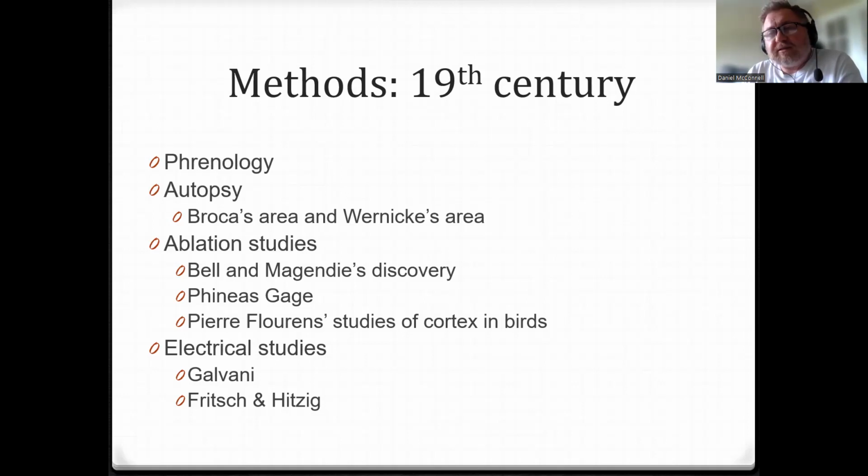And it makes sense that this area is very close to the motor areas, because the lesions, as Broca mapped them out, had begun in this area, but had gradually spread over time into the motor areas of the brain, which were already known by then.